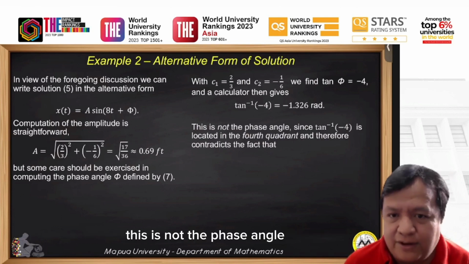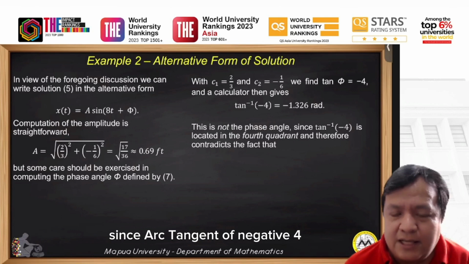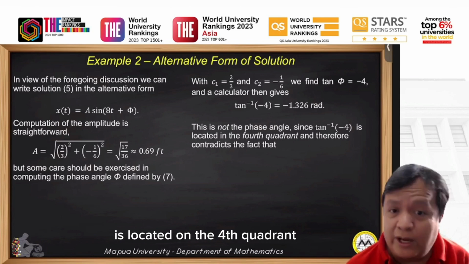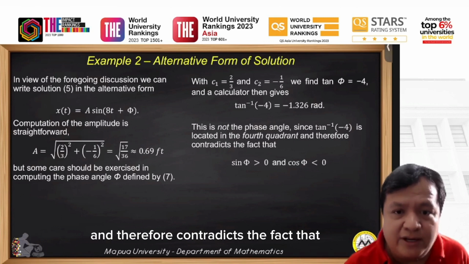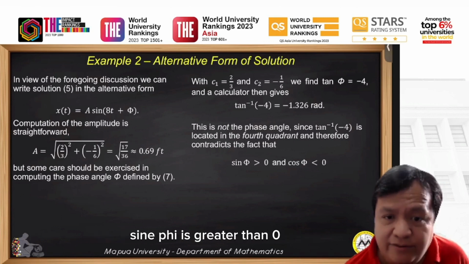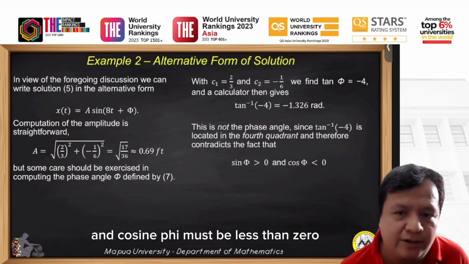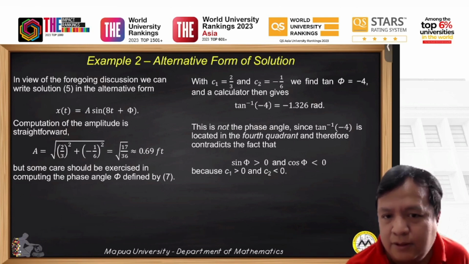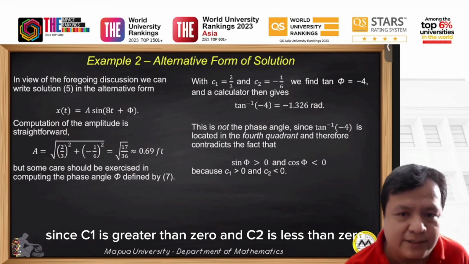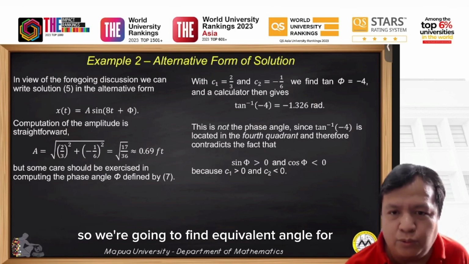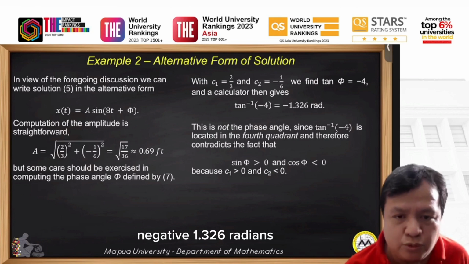This is not the phase angle, since arctangent of negative 4 is located in the fourth quadrant and therefore contradicts the fact that sine phi is greater than 0 and cosine phi must be less than 0, since C1 is greater than 0 and C2 is less than 0. So we're going to find the equivalent angle for negative 1.326 radians.